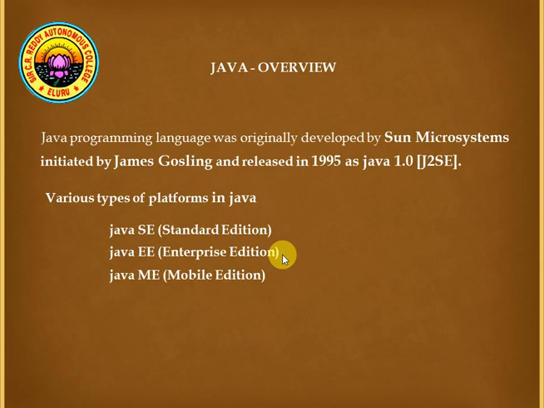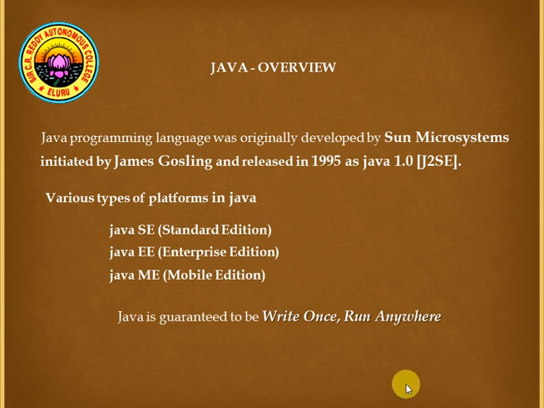Administrative process activities are programmatically implemented through this Java Enterprise Edition. And recently, Java Mobile Edition is useful for mobile applications. And simply we can say that Java is guaranteed to be write once, run anywhere.